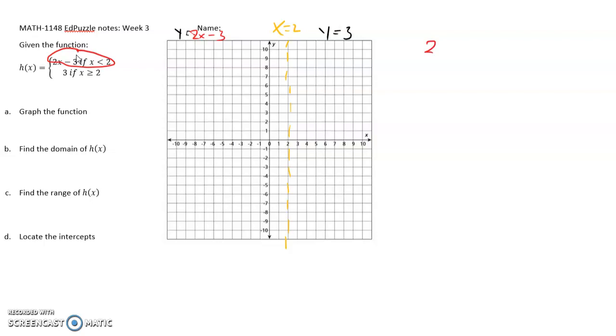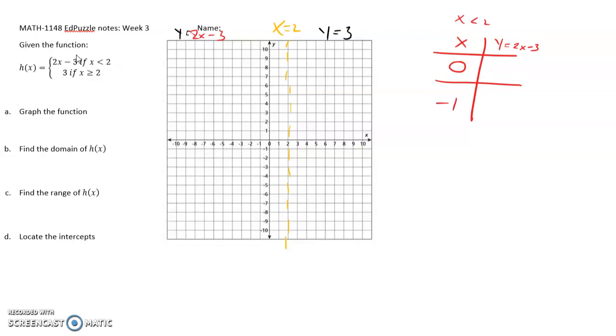So 2x minus 3, that's our y values, right? Let me clean this up a little bit. We're going to create a table here. Y values are 2x minus 3, and then we're going to have our x values, which we just need to know are less than 2. So let's pick some x values that are less than 2. Well, 0 is less than 2, and so is negative 1.